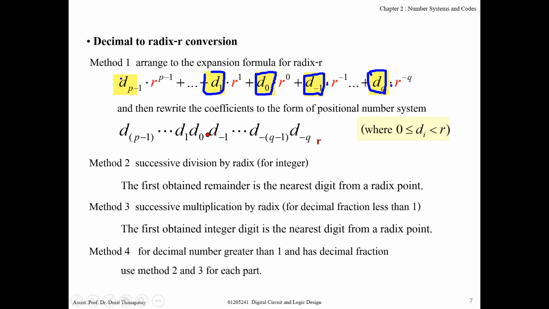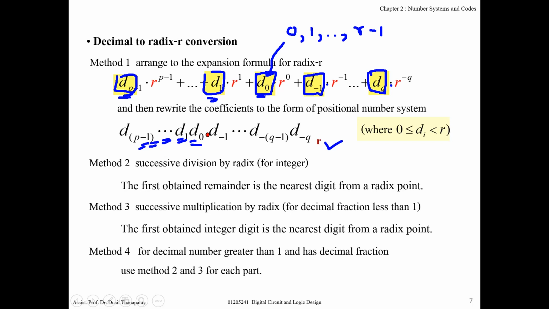Okay, so if you can arrange the number, each coefficient in the digit can be 0, 1, 2, and so on until r minus 1. So you just bring these coefficients and write them continuously. Then you can write that number in radix r.